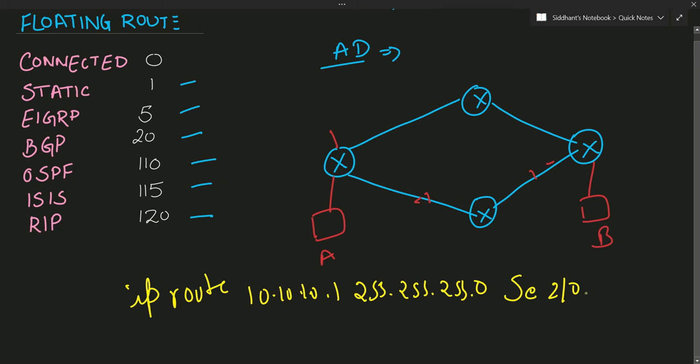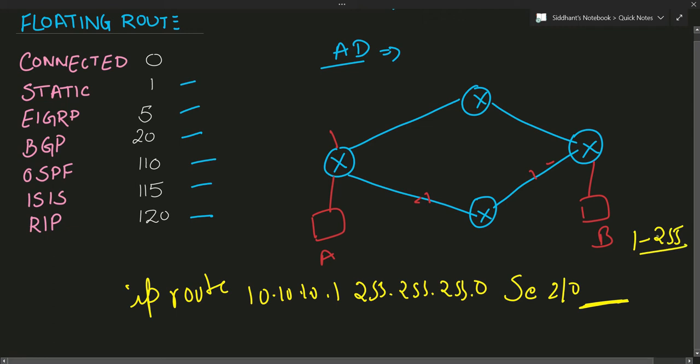Then we also have an option to write an administrative distance. We can choose an administrative distance between 1 and 255, where 255 is the highest and 1 is the lowest, or any number in between.